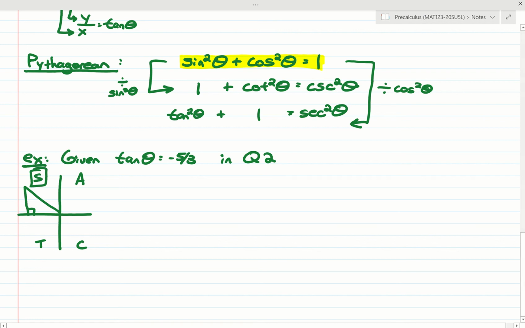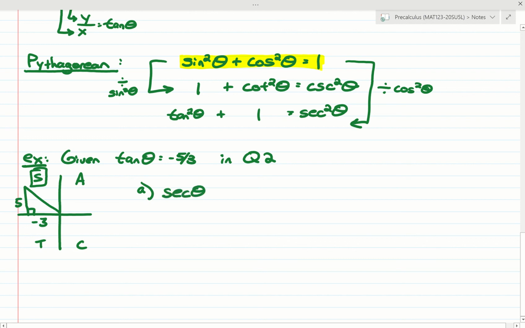Alright, so given tangent is negative 5/3 in quadrant 2, opposite over adjacent. Well, 3 would have to be negative, 5 is positive. Let's find secant of theta.